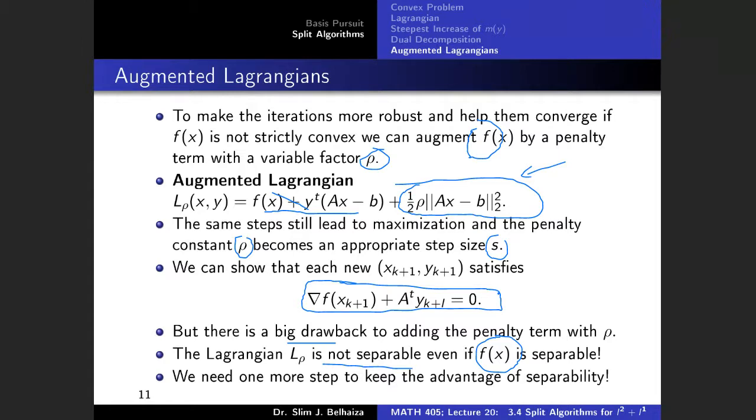If you put the norm squared here, of course you're going to have products of the x variables by each other. You can no longer separate your function into Li's, and that's why the problem is not settled. In that case, you need more and more steps to keep the advantage of separability.